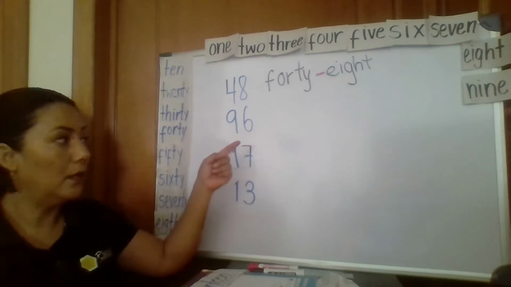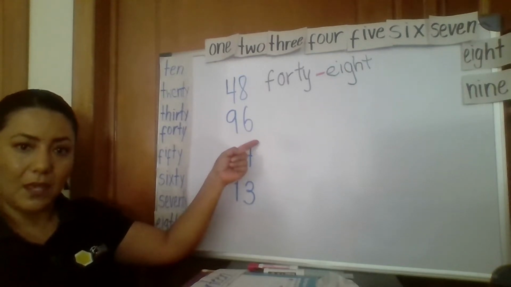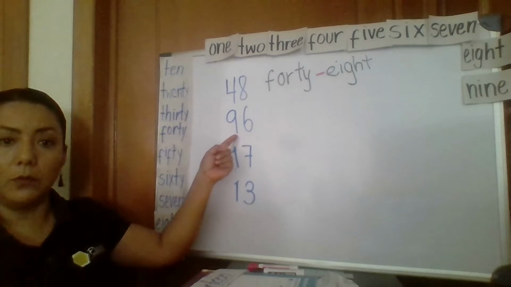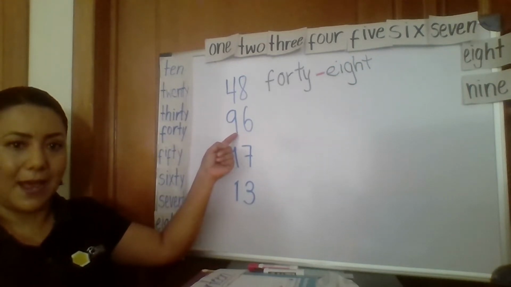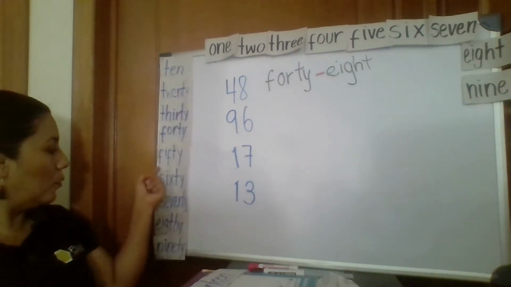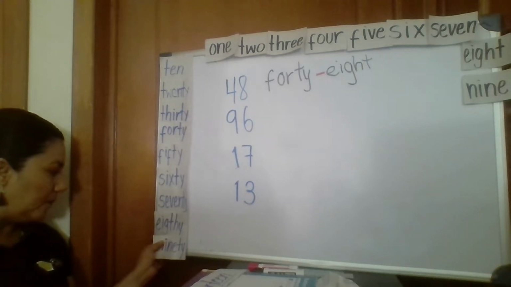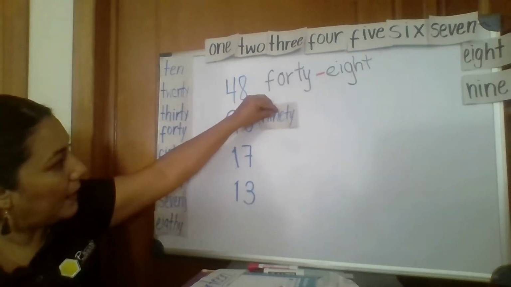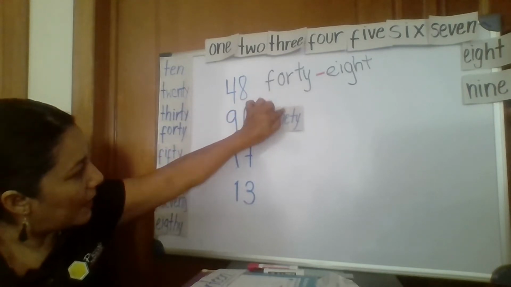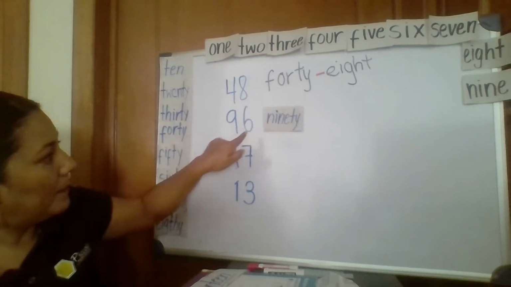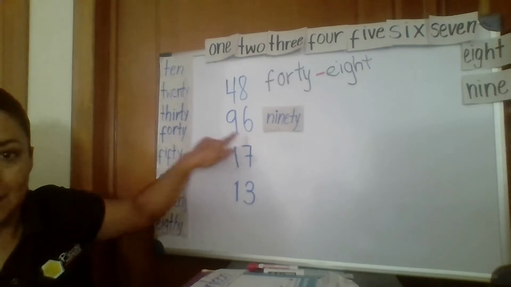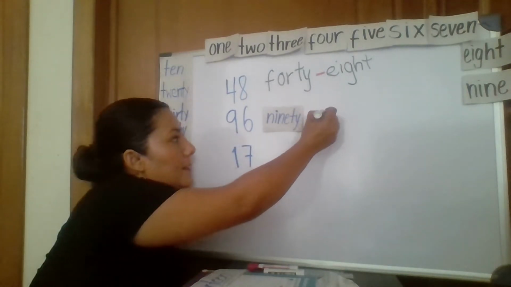96. The first word we'll write is 90. We look for the word 90. It is down here. Can you see it? 90. Let's write it down. 96.